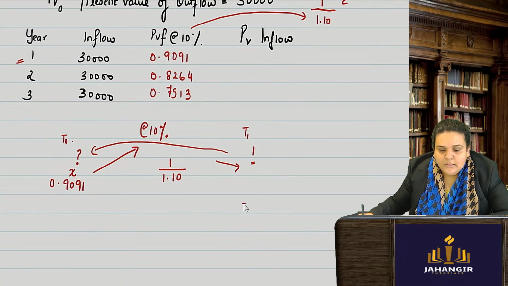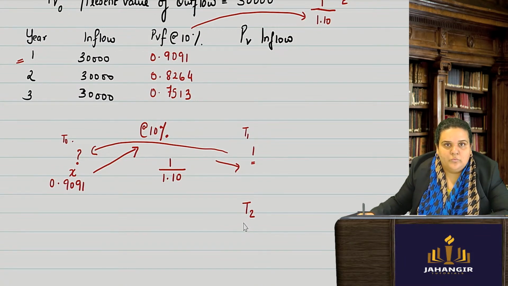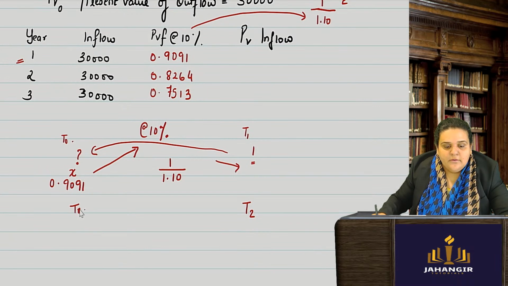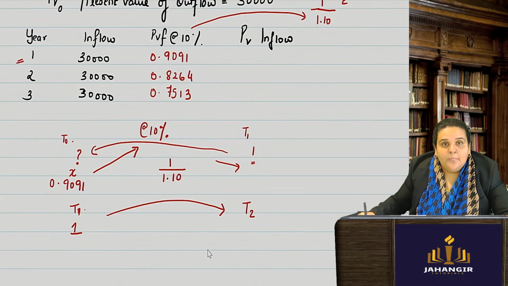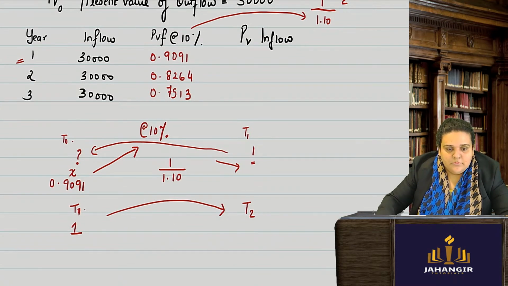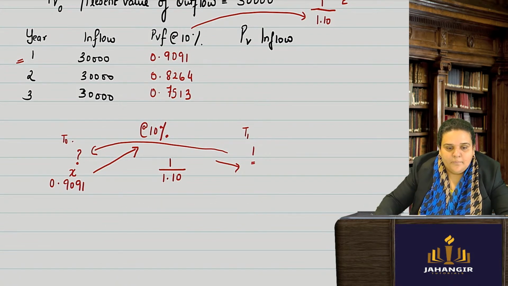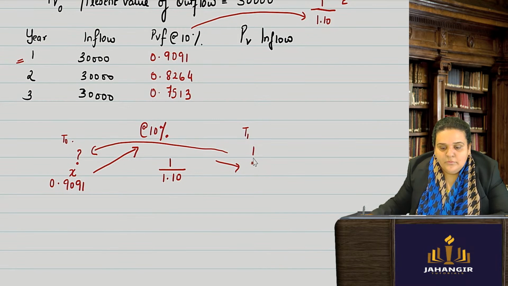So here, at the end of year 2, I am going to get... At the start of the year it is going to be 1 rupee, so at the end of the year it will be 1 rupee.